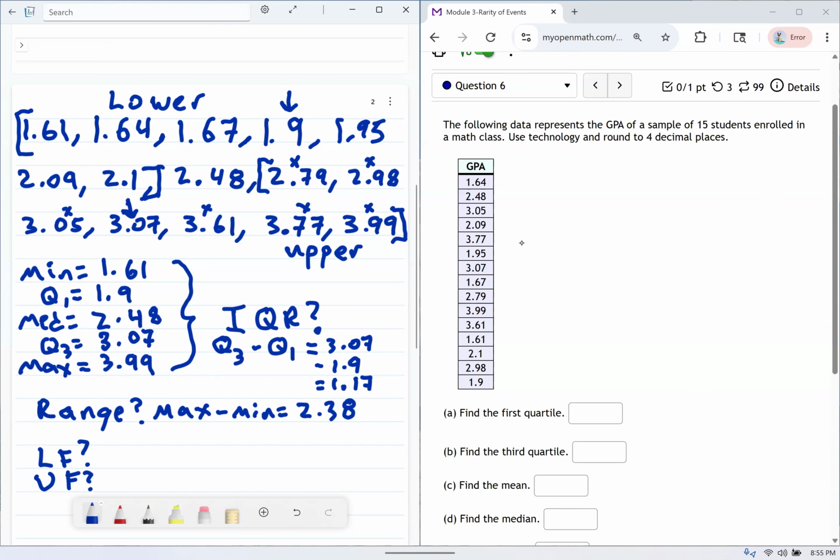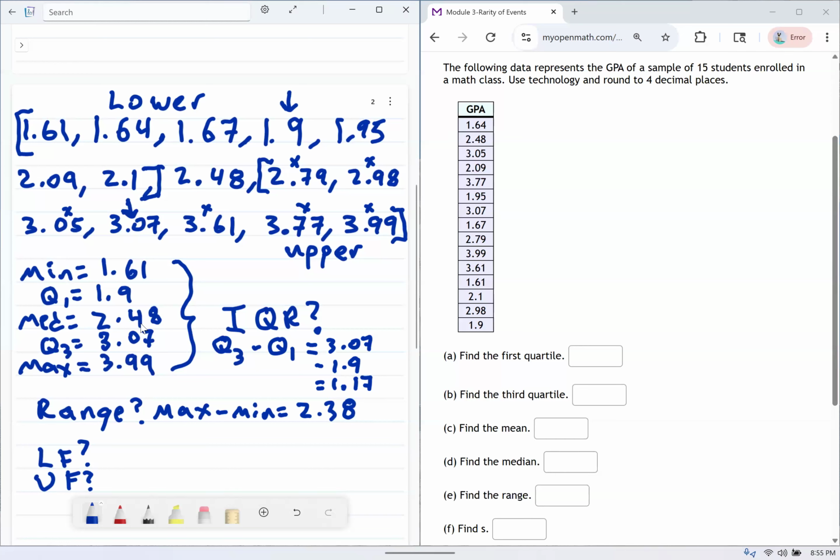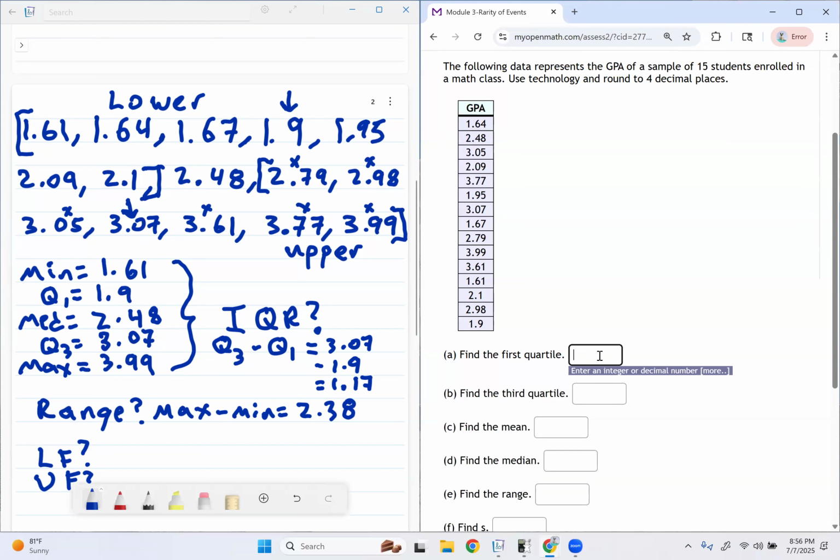So I've made pretty good progress already just by finding the 5-number summary. I could figure out the range of the inside box, the IQR, Q3 minus Q1, and I could find the range of the whole data set, taking the largest value minus the smallest value. So I'm going to fill in some of these numbers inside of my open math here.